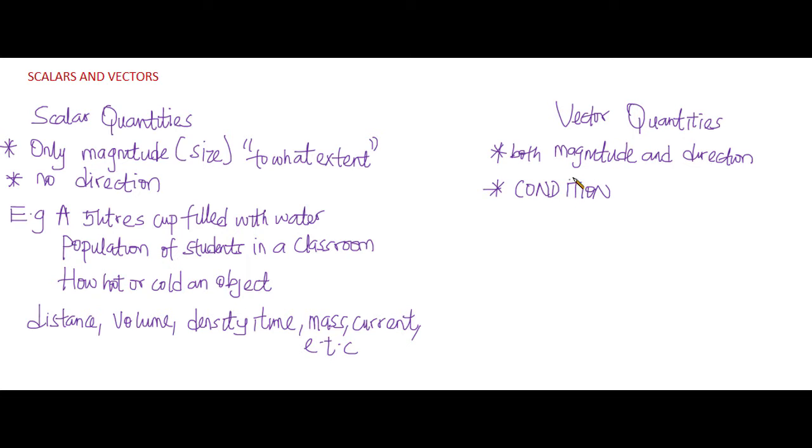For example, let us look at distance. I'll do that on a new page. If we have a person here at point A, moving towards point B, he gets to point B. Now the person doesn't move in a straight path.